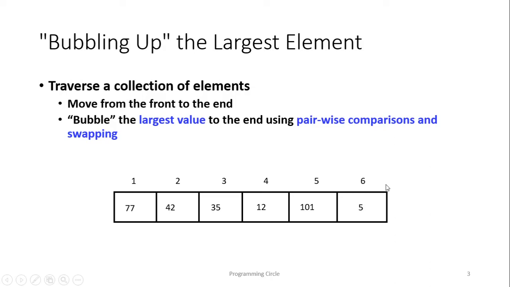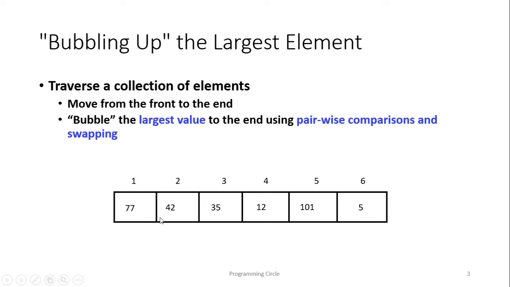First of all, let us understand the meaning of bubble. Bubbling up: the basic principle of bubble sort is bubbling up the largest element to the end position. Bubble the largest value to the end using pairwise comparisons and swapping.